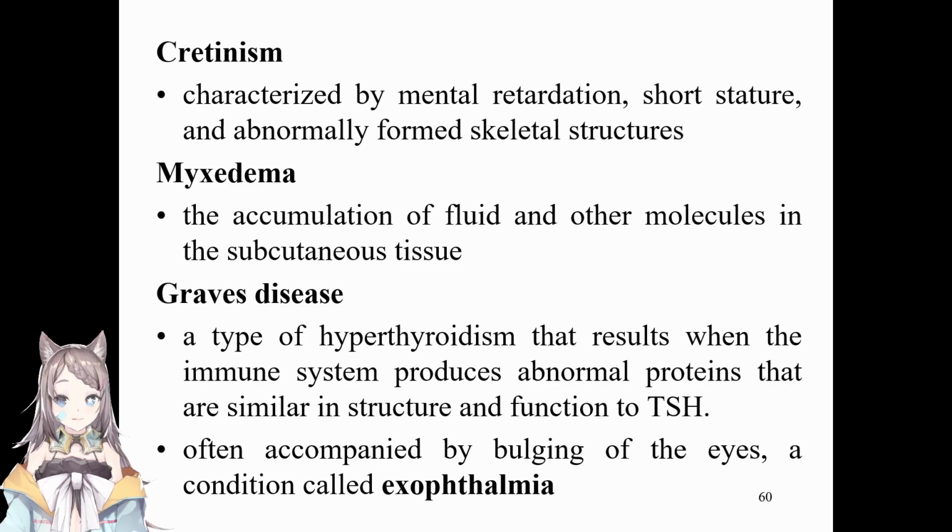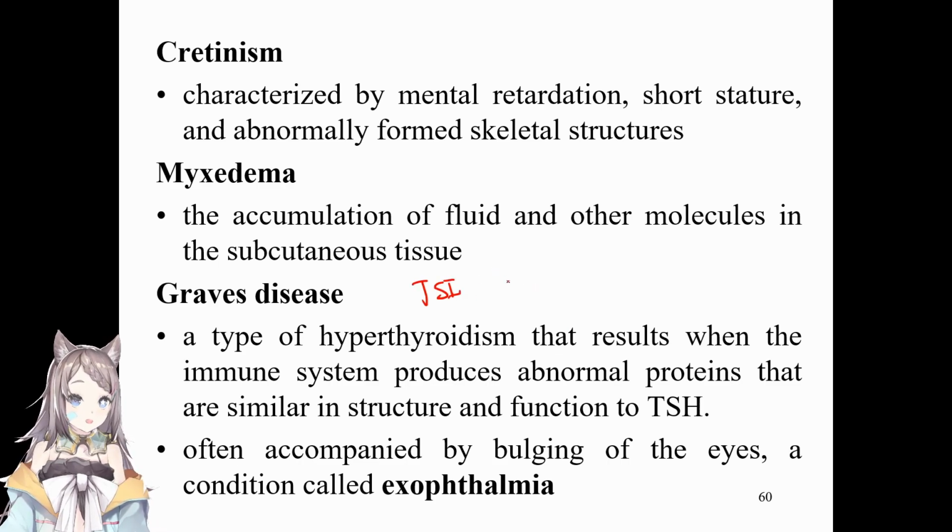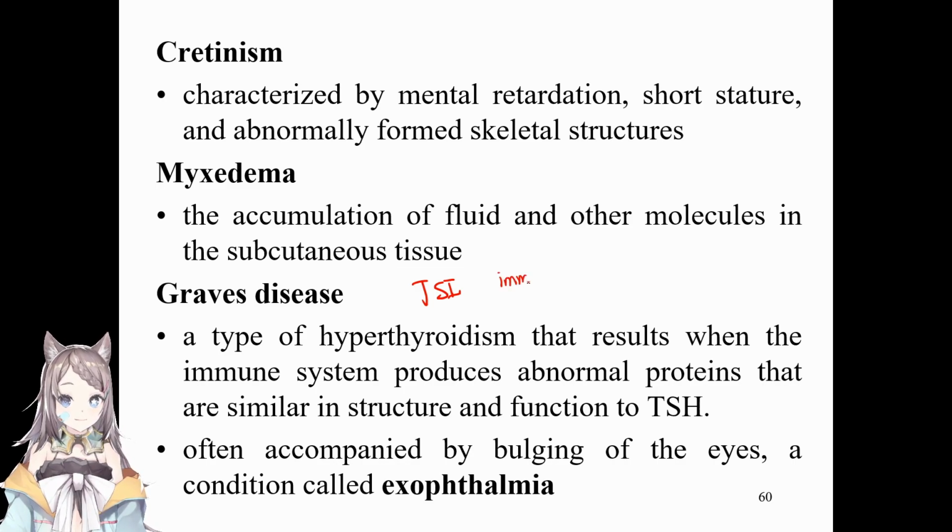Graves' disease is a type of hyperthyroidism that results when the immune system produces abnormal amounts of proteins called TSI. Why is it written here? Okay, you produce TSI. TSI is thyroid stimulating immunoglobulin.